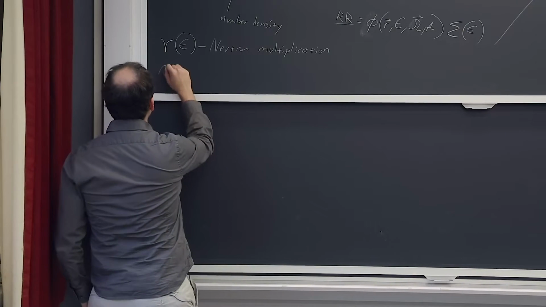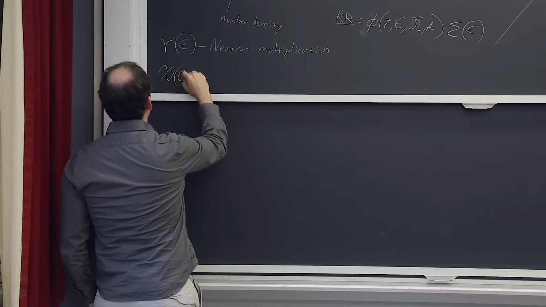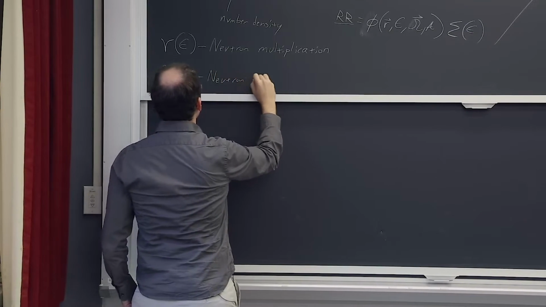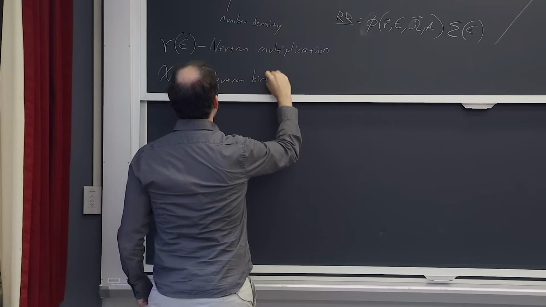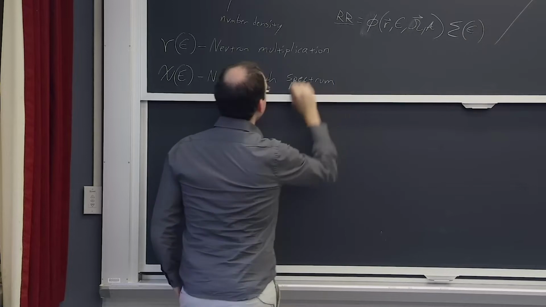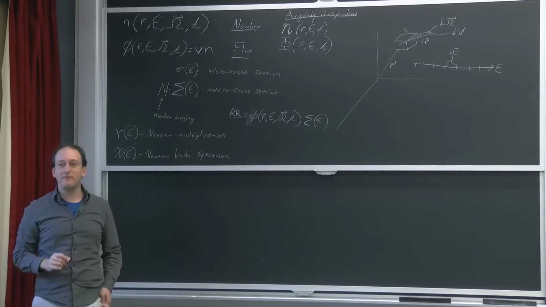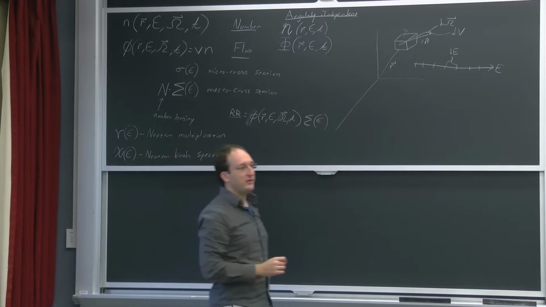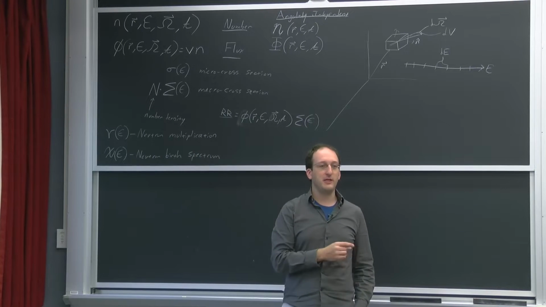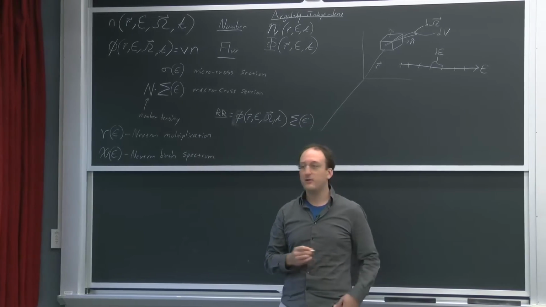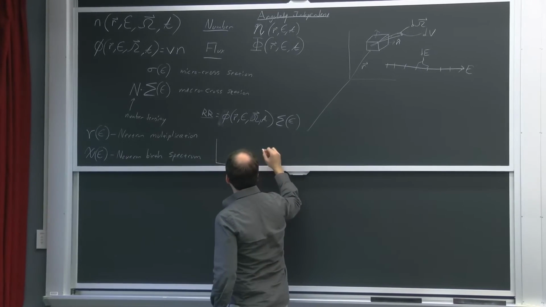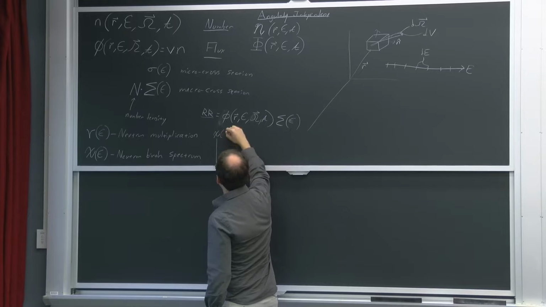And there's also going to be some chi spectrum, or some neutron birth spectrum, which tells you the average energy at which neutrons are born from fission. So regardless of what energy goes in to cause the fission, there's some probability distribution of a neutron being born at a certain energy.